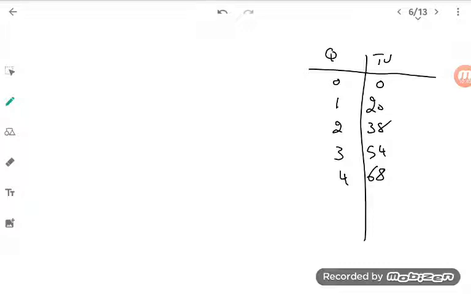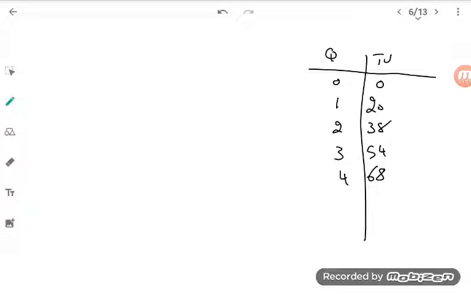This is the number of units consumed of a commodity and the total utility you are going to get from consuming it. If you consume 0 units, the total utility will be 0. If you consume 1 unit, total utility will be 20. If you consume 2 units, the 2 units together will give you total satisfaction of 38, and so on.